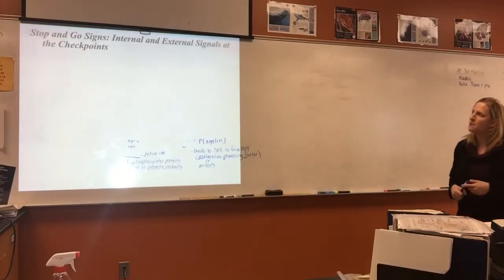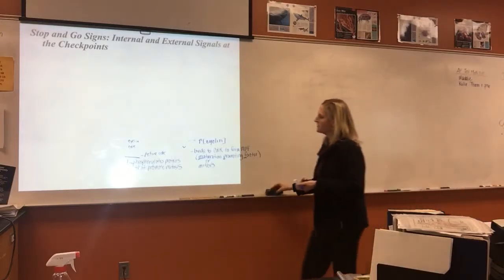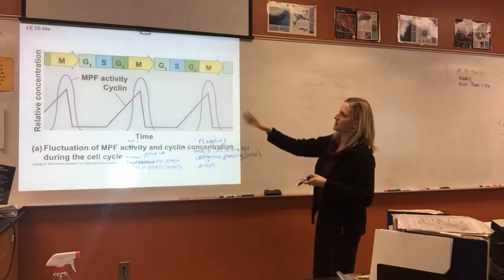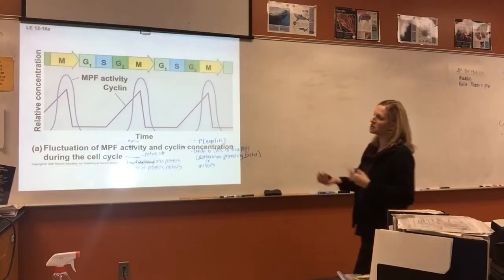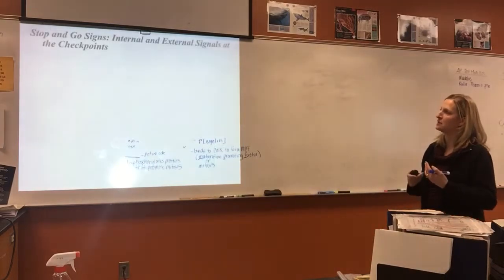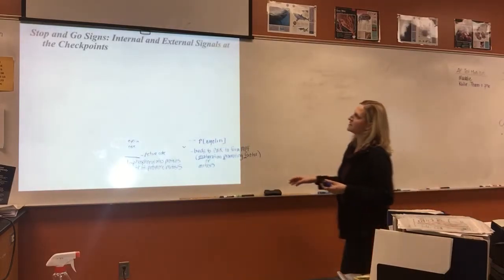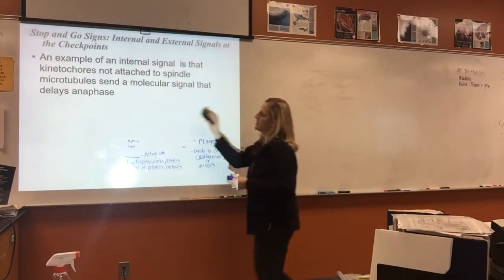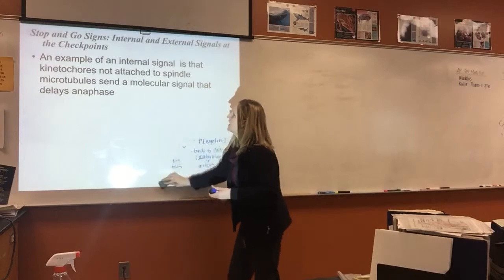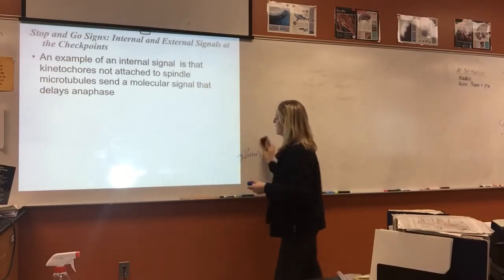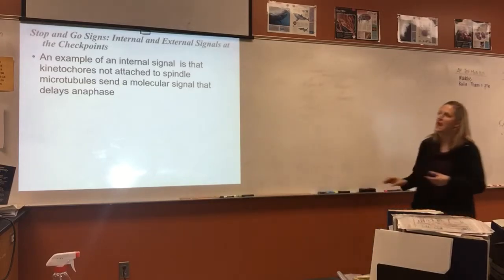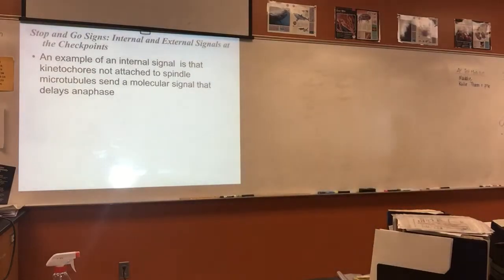All right. So let's talk about other signals. So that was an internal signal, that the presence of cyclin is an internal signal that helps to control the cell cycle. We're going to talk about some external signals. So another internal signal that we've talked about is with the checkpoint. So an example of an internal signal is that a kinetochore is not attached to the spindle.